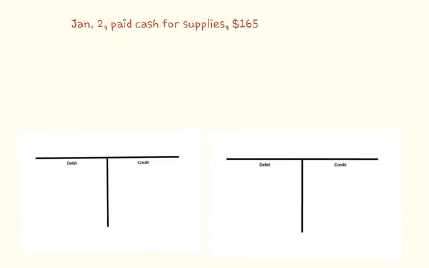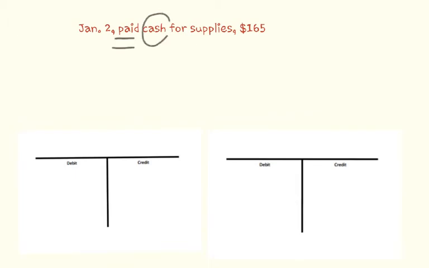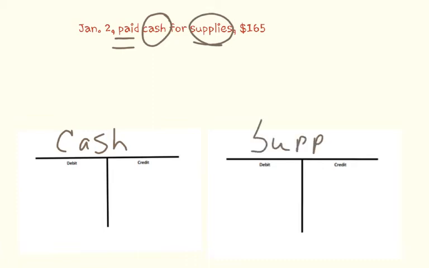Let's analyze this transaction. We're going to look at the words in the business transaction. Paid. Cash. So you know your first account affected is cash. For supplies. Your next account affected is supplies.